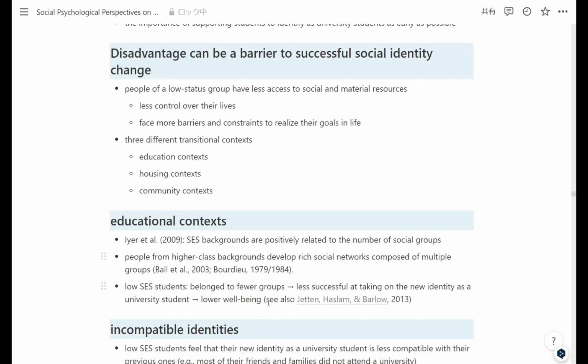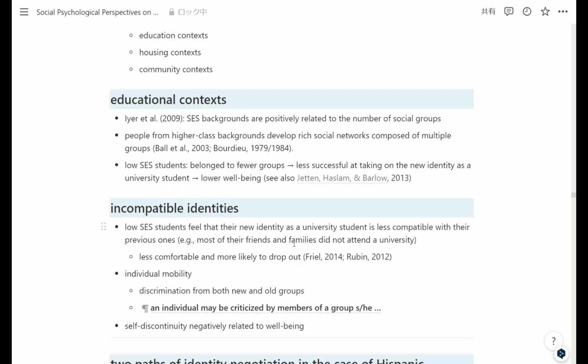And one of the reasons behind such barrier is that low status group people tend to experience incompatibility between their old identities and new identities. And this is especially true when the life transitions involve upward mobility, upward change.